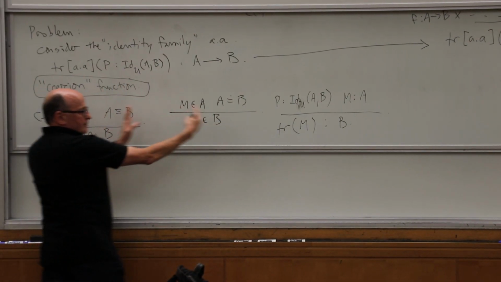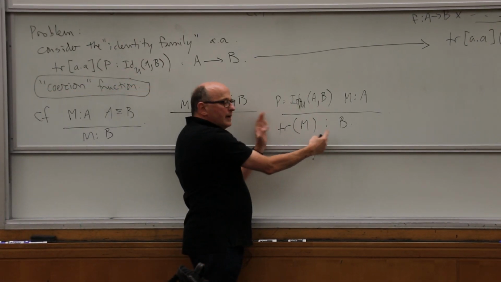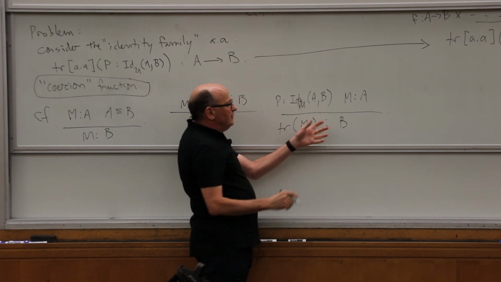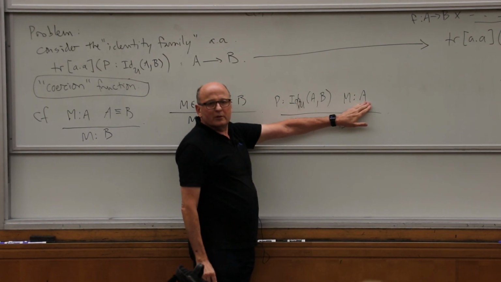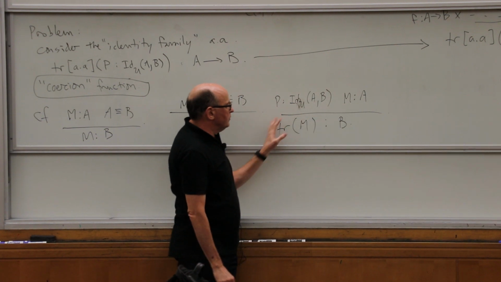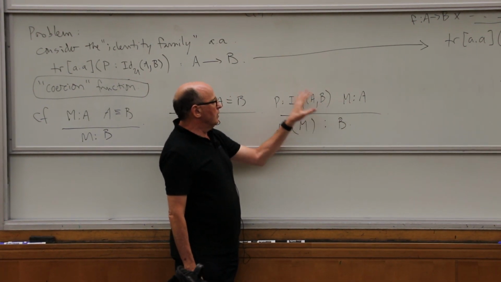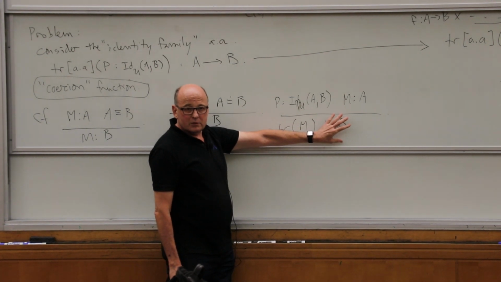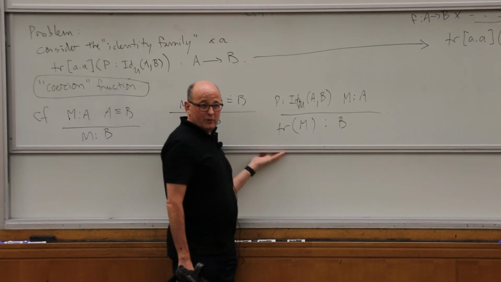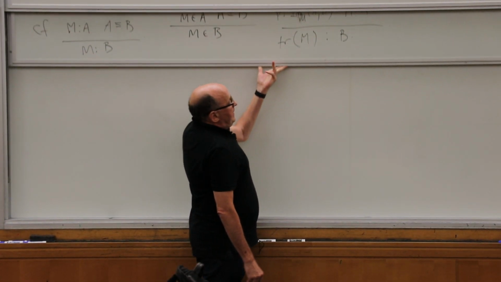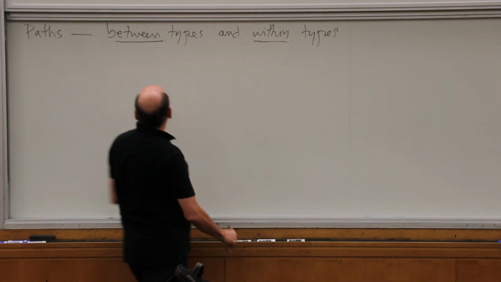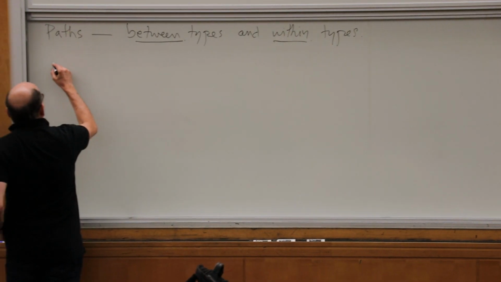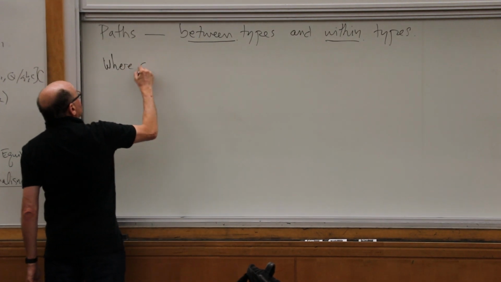Now, because of this principle here, which was analogous to these other principles, the thing that matters the most is the means by which I can transform a result M from one type to another. So I care about the paths between types the most. And they are induced, so where do they come from? Where do we get paths between types?